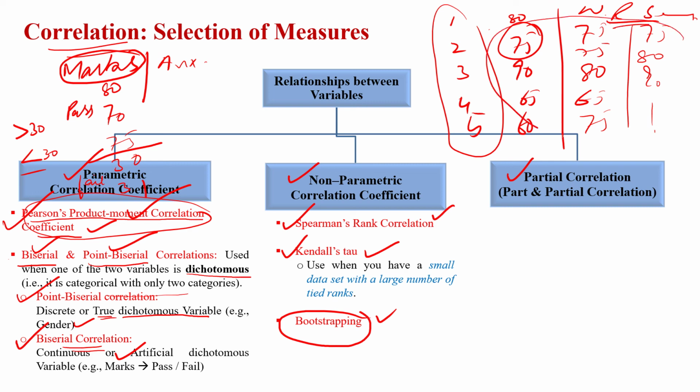Based on this data, which we have increased from 5 to maybe 1000 or 10,000, the data may start following the normal distribution. Then with the help of bootstrapping we can apply the non-parametric correlation coefficient, or even the parametric correlation coefficient.